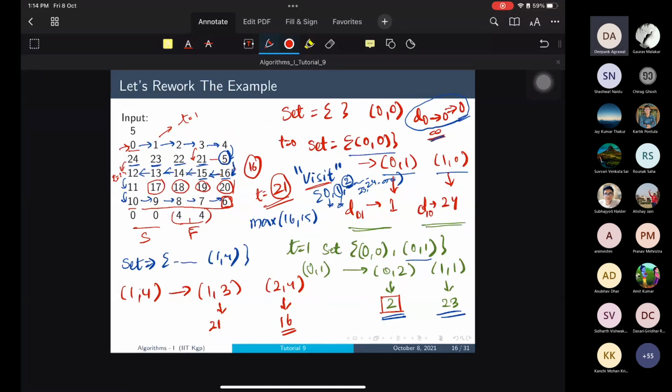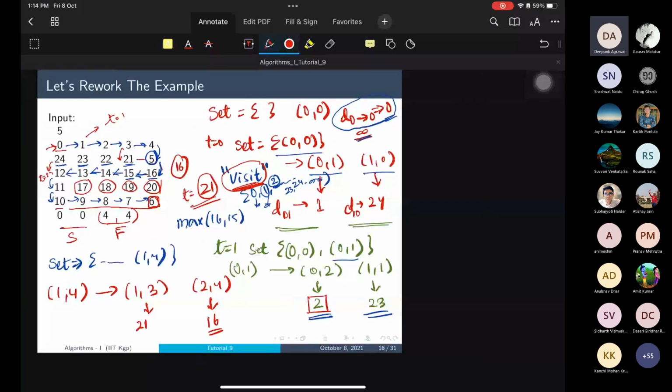After this tutorial, you should really go back and thoroughly read the Dijkstra algorithm, and understand the meaning of visit, because this term is really confusing.